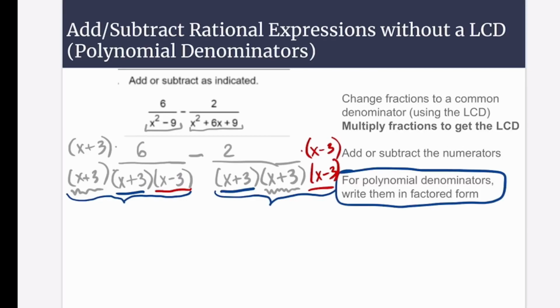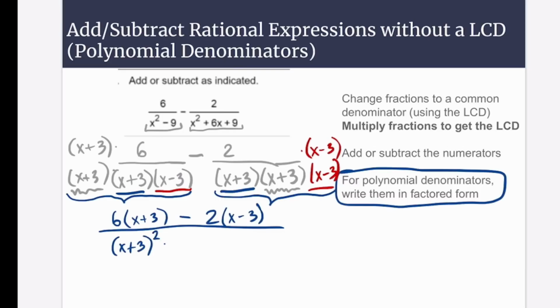Now we can just focus on our numerators. We have 6 times x plus 3, and then 2 times x minus 3. And our denominator is going to be the same: x plus 3 squared, since there are 2 of them in the denominator, times x minus 3. Now we're just simplifying numerators. For the numerator, we get 6x plus 18.